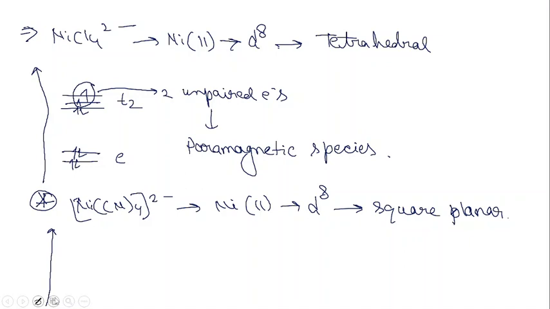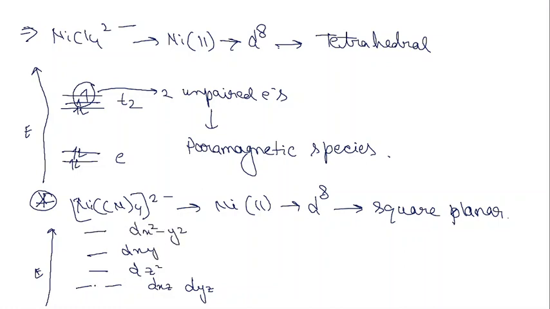In a square planar field, this is how the d orbital splitting happens: dxz, dyz. Here are 8 electrons. Now I will fill the electrons.